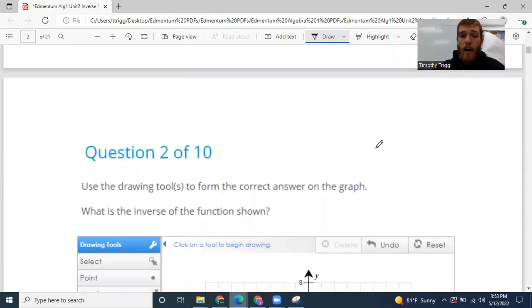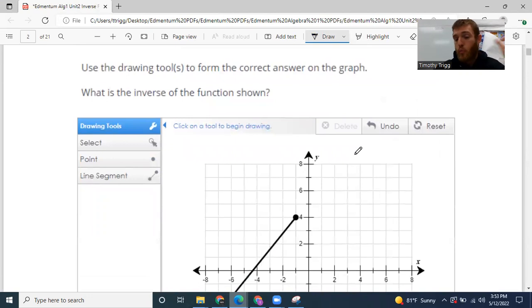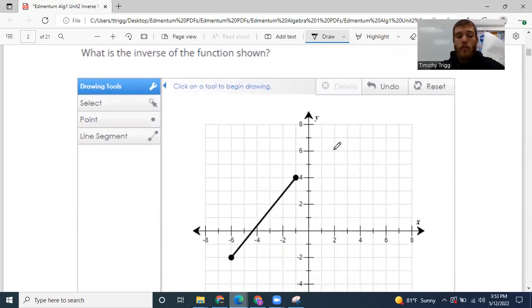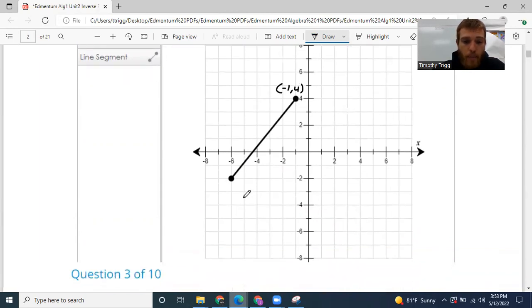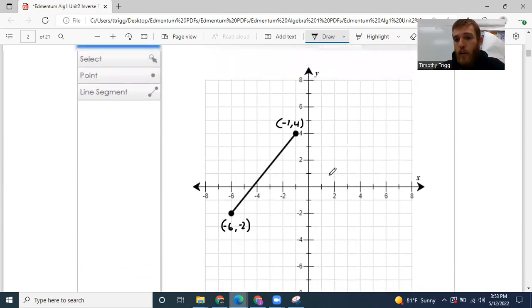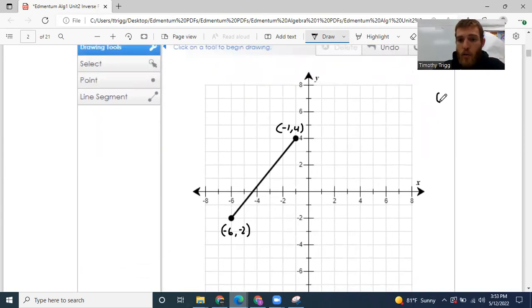So that's kind of it. If you have coordinate points, you just swap the x and y and then graph those new coordinate points. For example, here, this one's even easier because they give us the points. This first one is -1, 4, x and y. And this point is -6, -2. So our inverse function is going to have the points 4, -1, again flipping the x and y, as well as the point -2, -6.